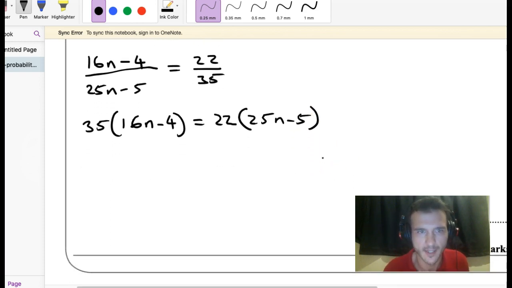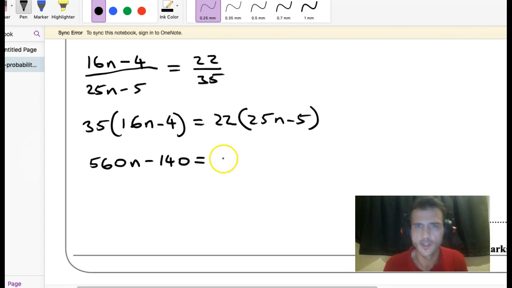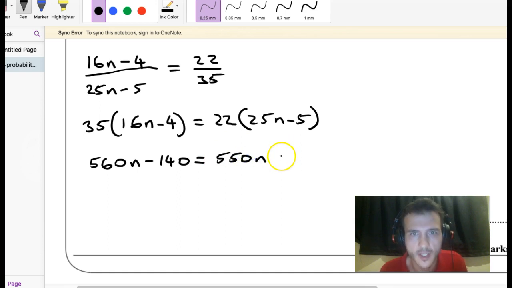Now expand out. 35 times 16n is 560n. 35 times minus 4 is minus 140. Equals 22 times 25n, which is 550n. 22 times minus 5 is minus 110.